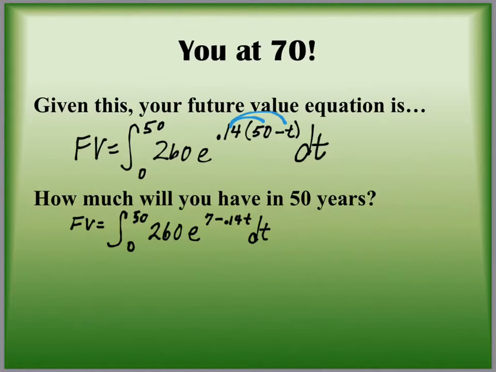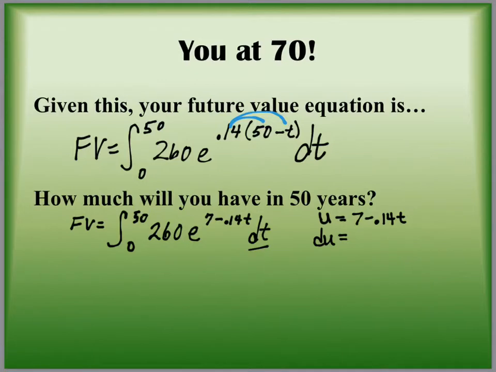That's algebra, right? So the u substitution that I need is exactly that exponent, 7 minus 0.14t. I realize it's got t in it instead of x. I think you guys can handle that. It's just going to be a derivative with respect to t. So this is du on the left, and I'll have dt on the right to compensate for that dt.